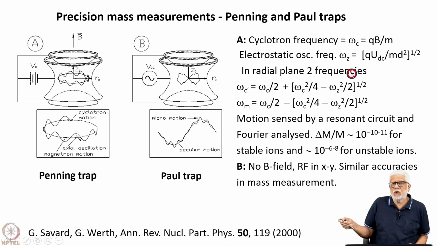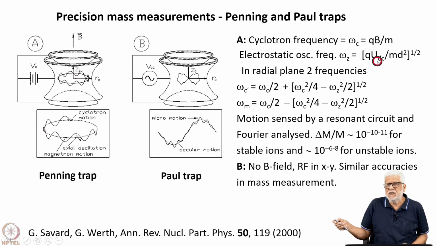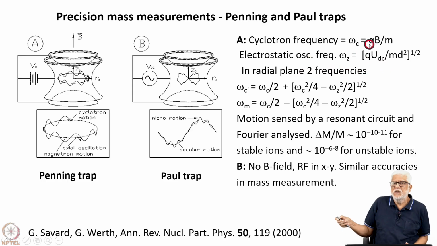The electrostatic oscillation frequency in the z direction is given by this quantity, the charge times the DC voltage that you apply on these hyperbolic electrodes divided by m d squared. And in the radial plane, there are two frequencies that come about, which is this omega c prime, which is omega c by 2 plus the square root of this entity.